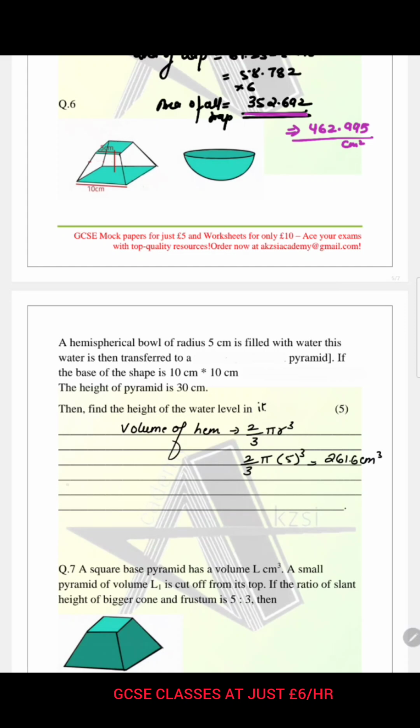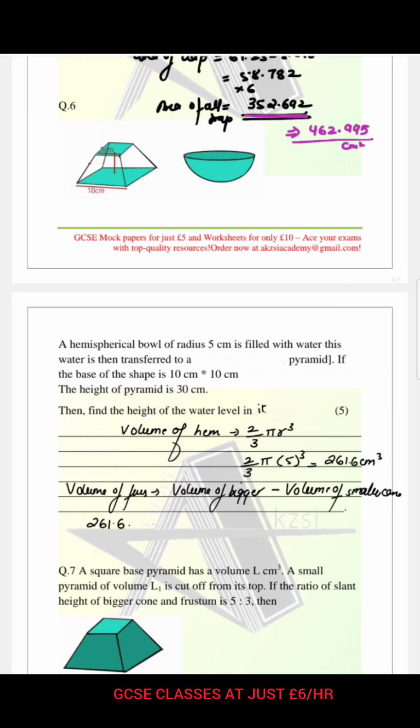We know volume of frustum is volume of bigger cone minus volume of smaller cone. So volume of frustum is 261.